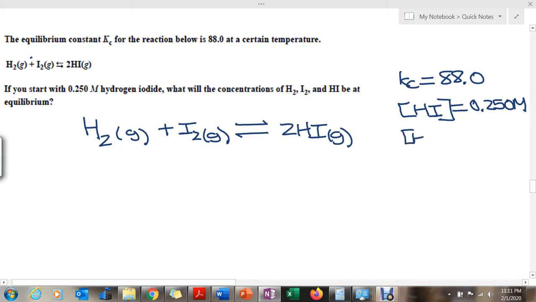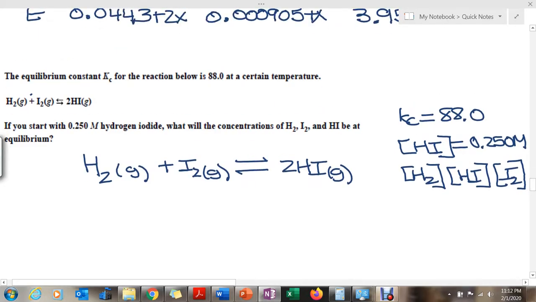So they're asking for H2, HI, and I2. Okay, so where do we start? With the equilibrium expression first, which I'm writing like that to save space.